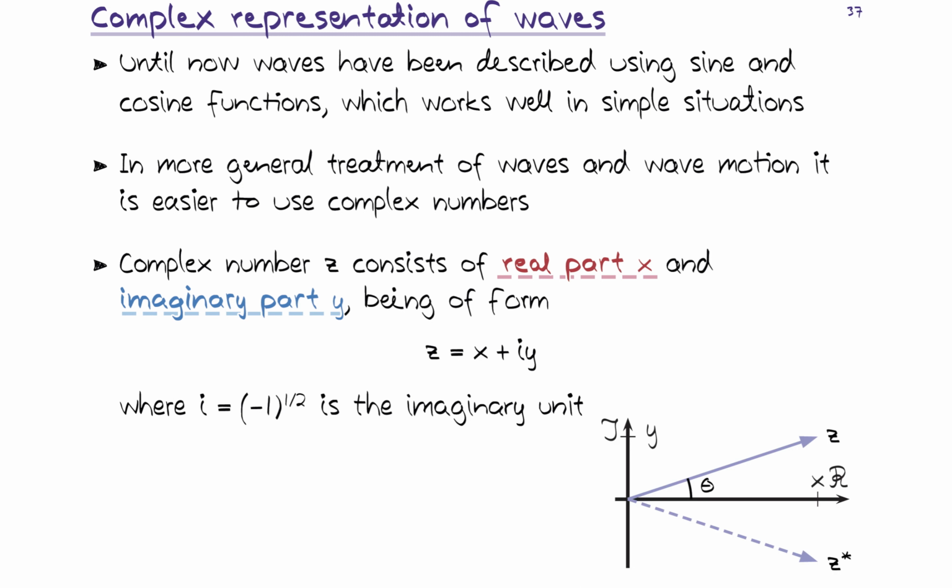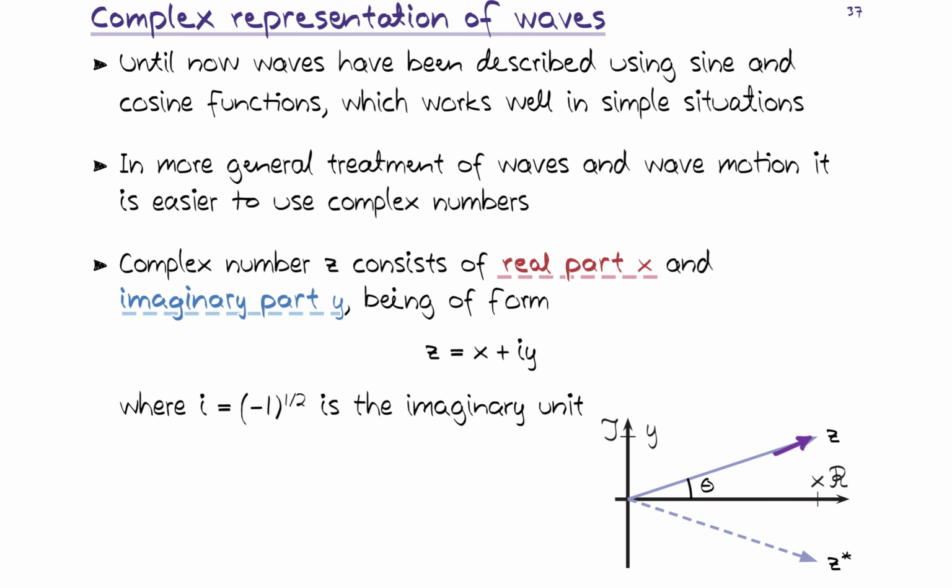Graphically, we can describe our complex number z in the complex plane. On the x-axis we draw the real part, the real numbers, and along the y-axis we expand our imaginary numbers. So the y-axis will be the imaginary part. Then the complex number z corresponds to a single point in this 2D space.